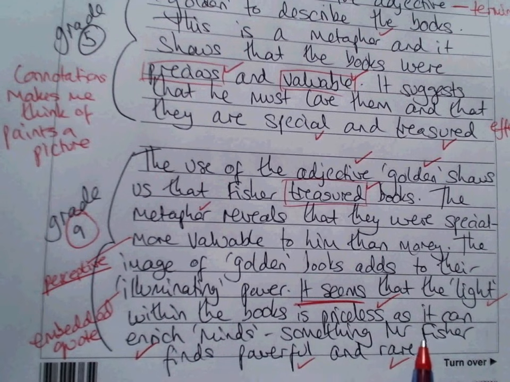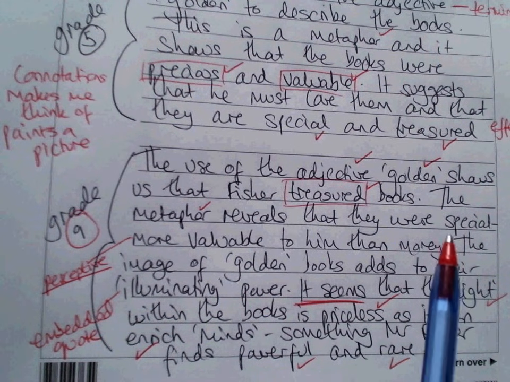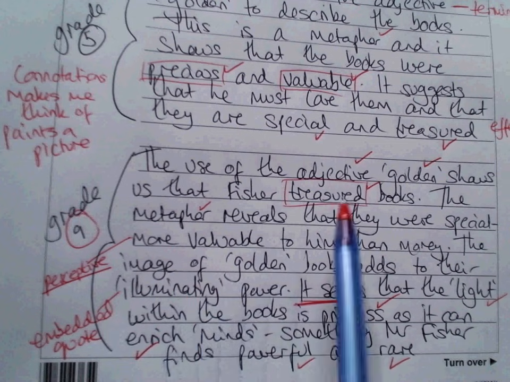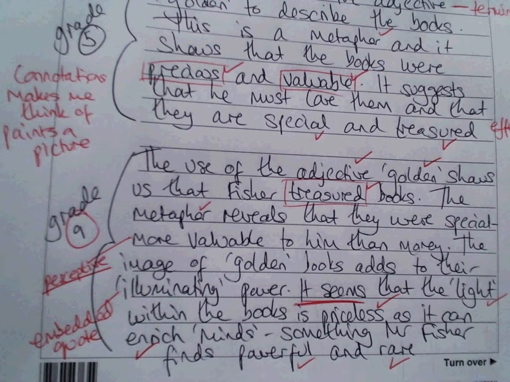I've used a number of different words to really zoom in and explain the effect of that word golden. And what I've done is I've backed that up by using extra evidence.